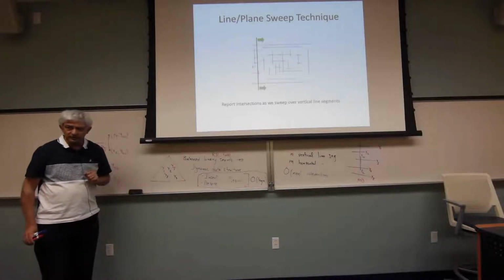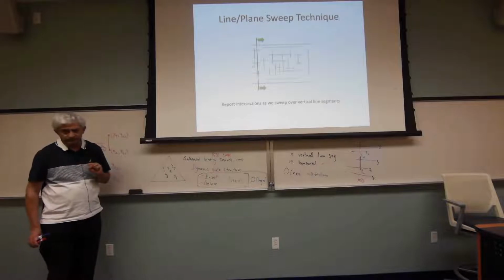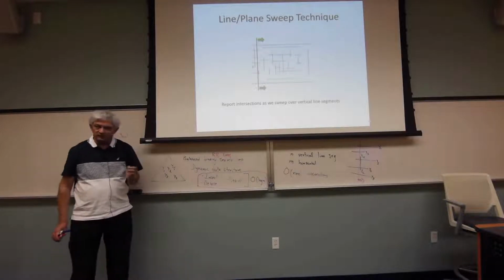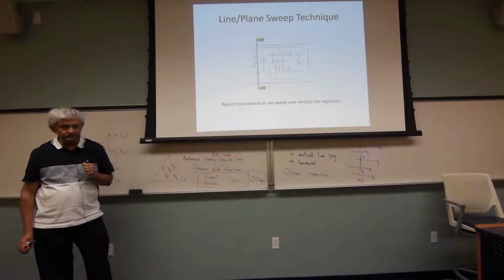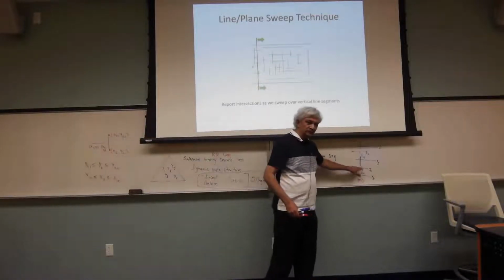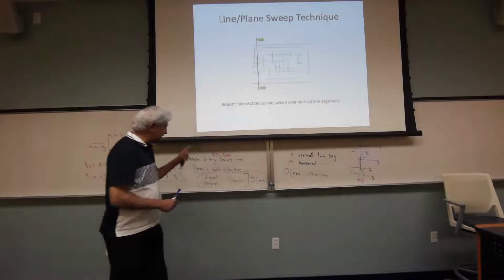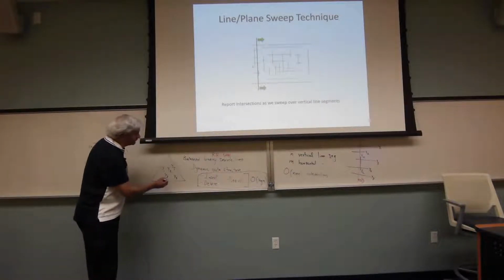Okay, so how do we do that? What we're going to do is search for YL in this data structure. Okay, when we do that search, it will tell us between which two values of y coordinates it falls. In this case, YL falls between y4 and y5, right? So when we do a search with YL, it'll tell us that it's between y4 and y5.